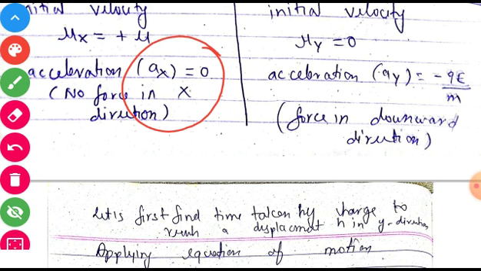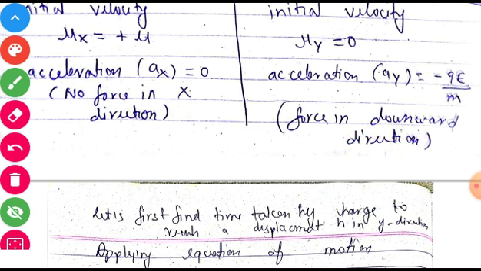But since there is a force QE in the y direction, there will be an acceleration ay, which is equal to minus QE by m, force by mass. Why this minus sign here? This minus sign is because the force is in the vertically downward direction. That's why the acceleration will also be in the vertical downward direction. And we all know that by sign convention, the downward direction is taken as negative. That's why this minus sign is here, minus QE by m. I have written the reason here also.